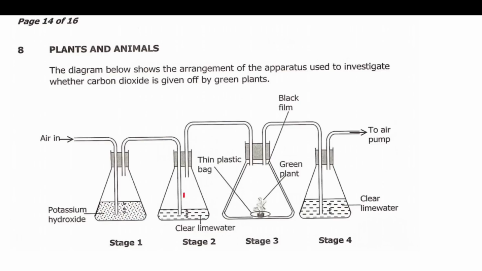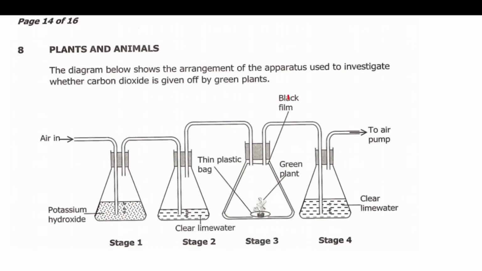Again, we have another delivery tube connected to another conical flask containing a green plant, whose pot here is covered with a plastic bag, a thin plastic bag, excuse me. Then this green plant is here.